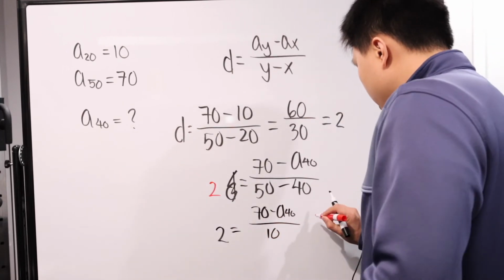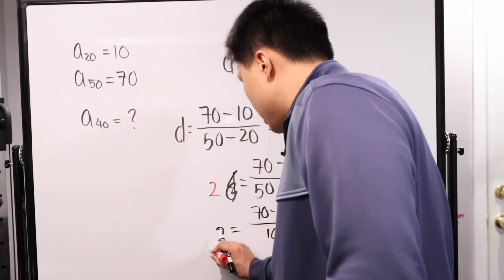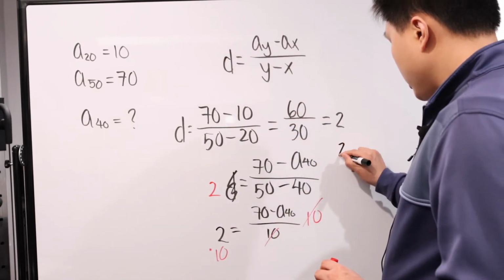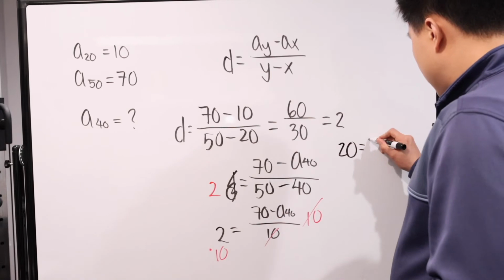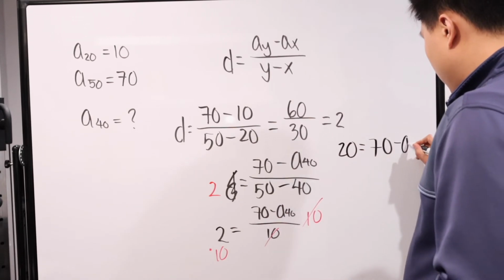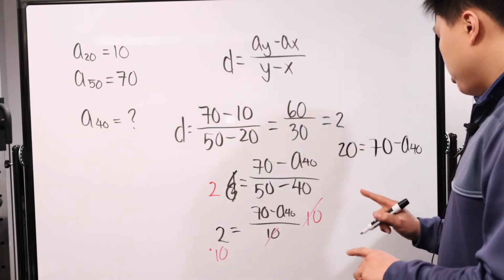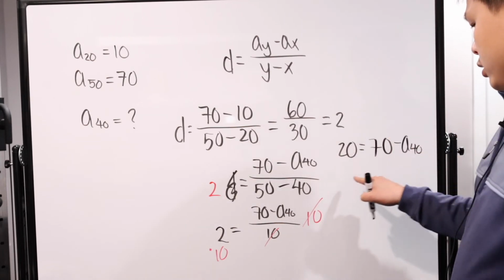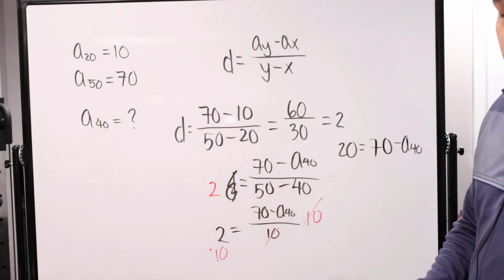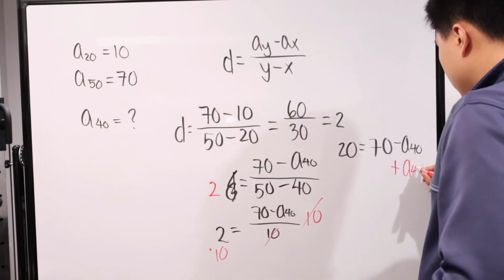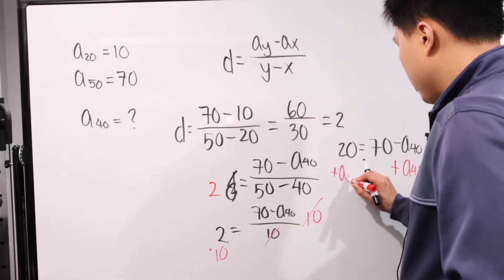Multiply by 10 on both sides. This goes away. You have 20 equals 70 minus a sub 40. Okay, and with the little mumbo jumbo algebra magic, you move this one to this side and that one over just to get rid of the negative sign. So I'm just going to add a sub 40 here, add a sub 40 here.